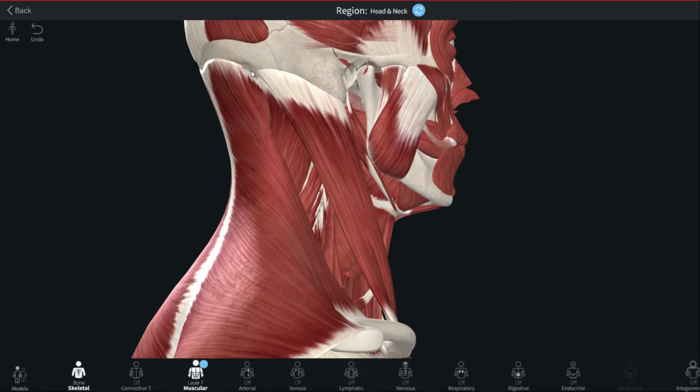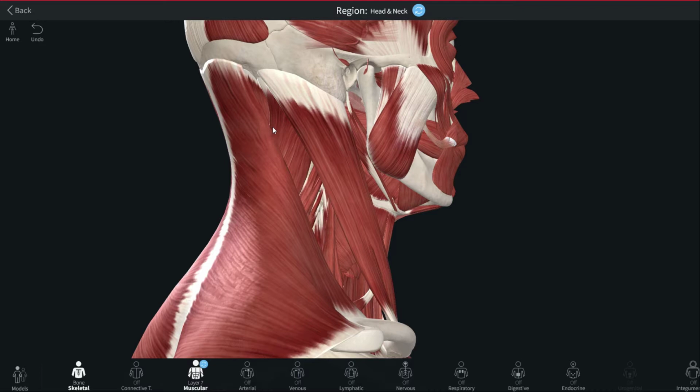We already saw the insertion of the sternocleidomastoid in the previous discussion. So there we will see that these two muscles have their insertions very close to each other on the superior nuchal line itself. And that essentially marks the apex of the posterior triangle. I hope I'm being clear here.